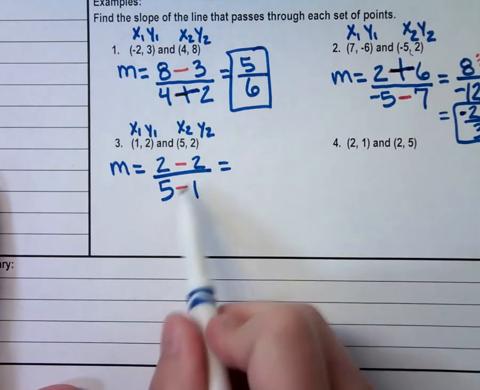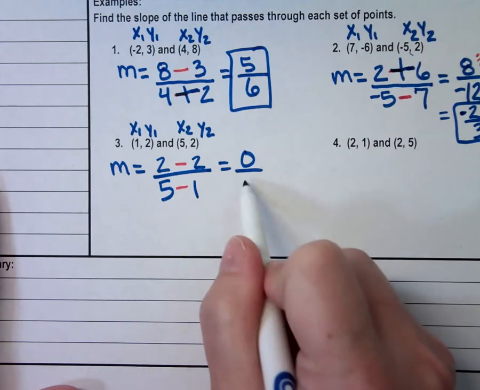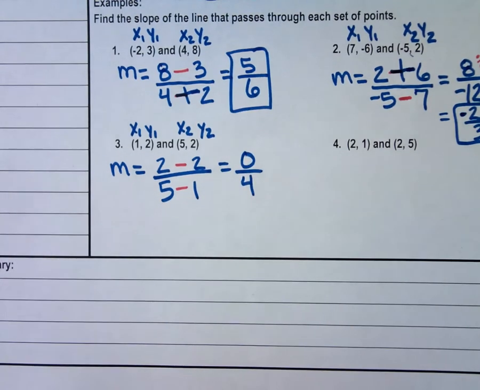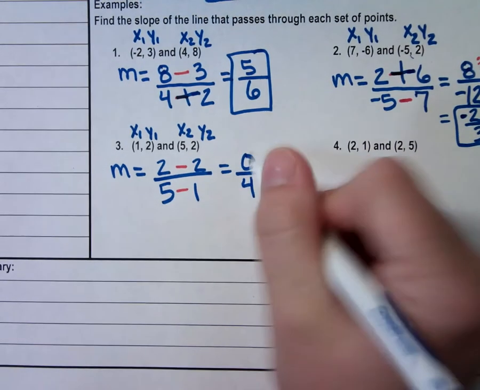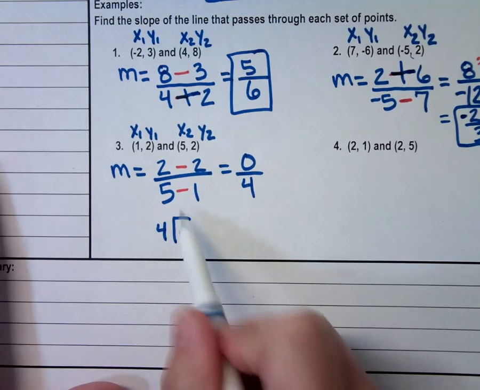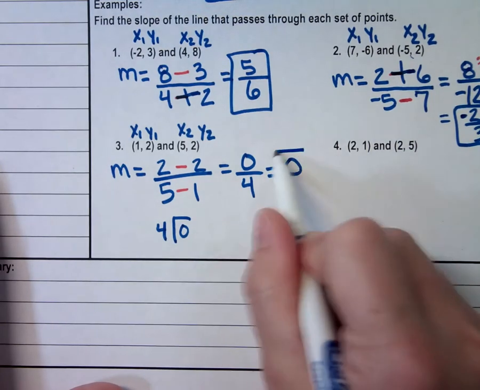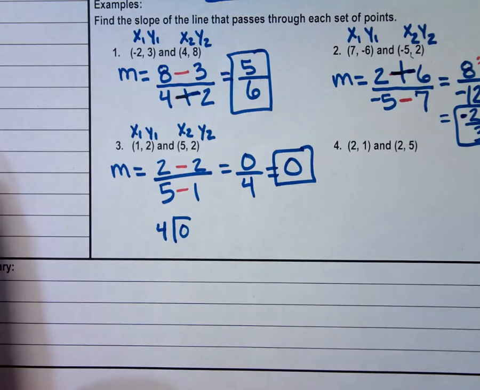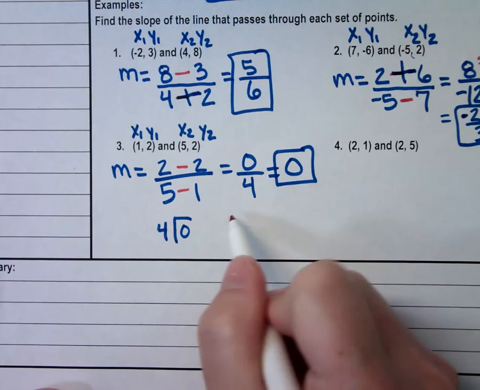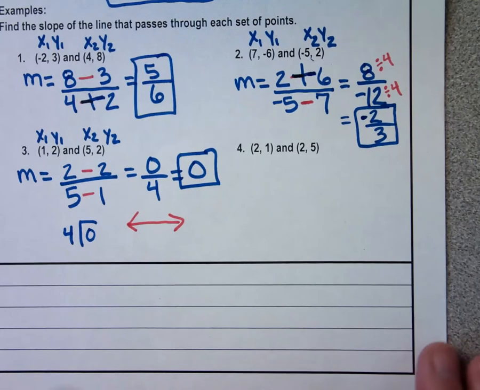I don't have any minus negatives, so I'm good to go. 2 minus 2 is 0. 5 minus 1 is 4. Do you remember from the other day what this is? What is 0 divided by 4 when the zero's on top? 4 times what makes 0? 0. So the slope of this line is 0. Now, testing your memories, what does the line look like if the slope is 0? Horizontal. Good job.